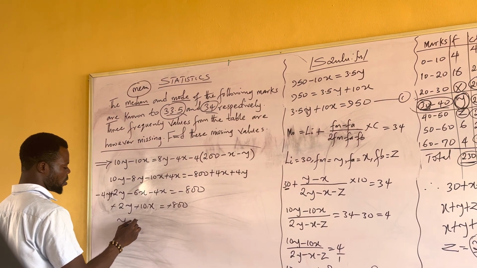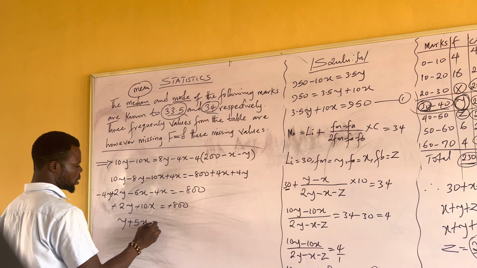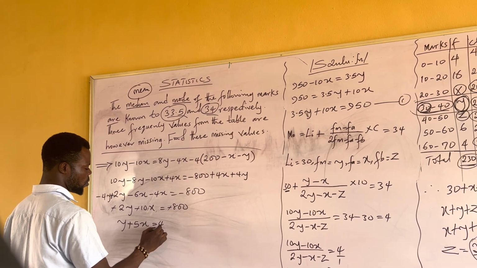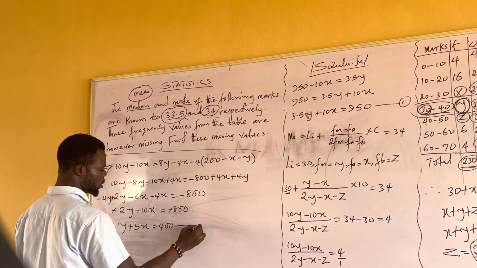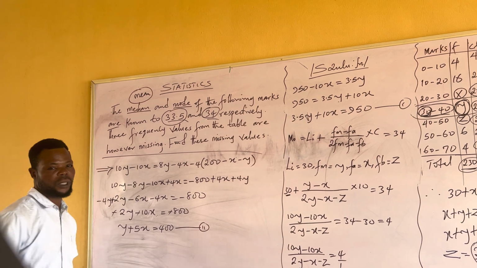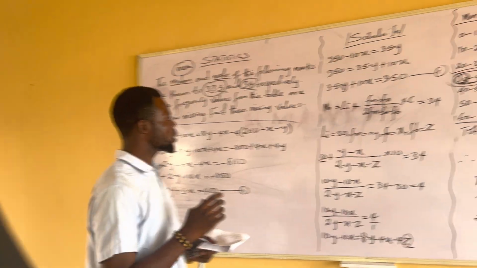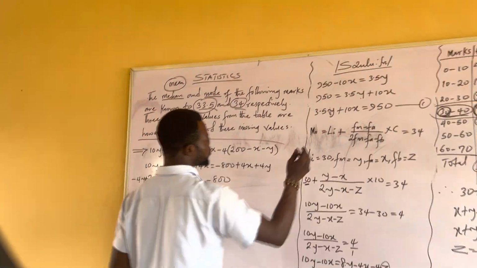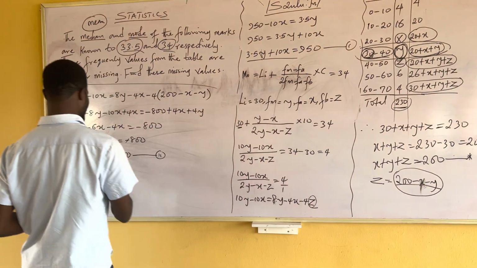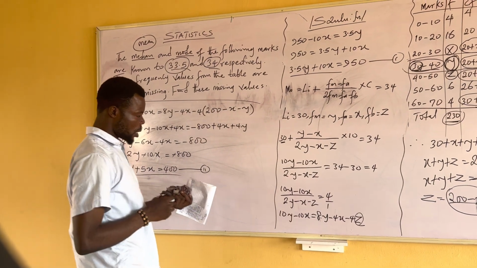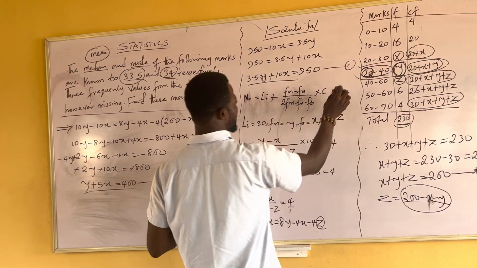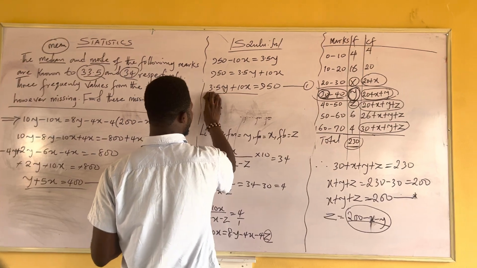So this one will be 5x, and dividing by 2, 400. So this is equation 2. The next thing now is to solve equation 1 and equation 2 simultaneously. This is my equation 1 and this is my equation 2. So let me gather the two and solve it simultaneously now.